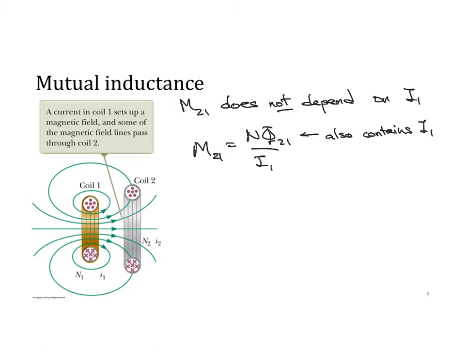So by dividing by I1, we've divided out the I1 dependence, and so our mutual inductance does not depend on our current. Instead, much like capacitance, it's going to depend on geometric factors.